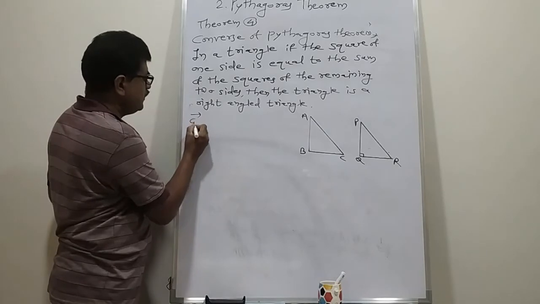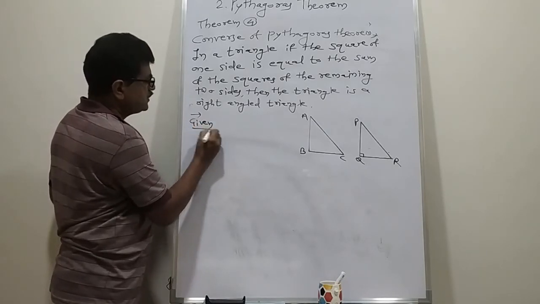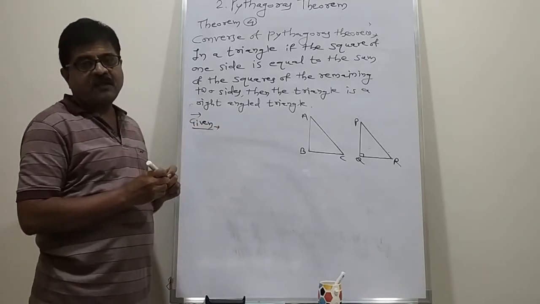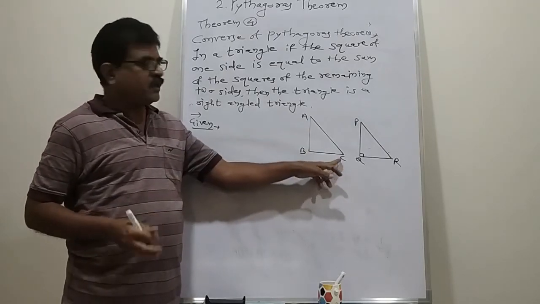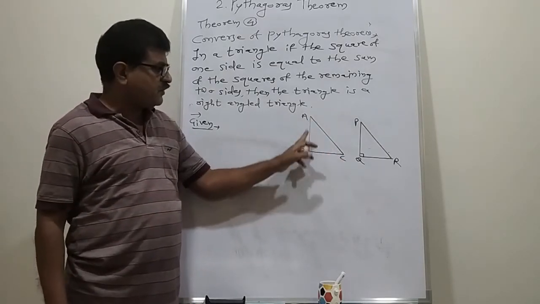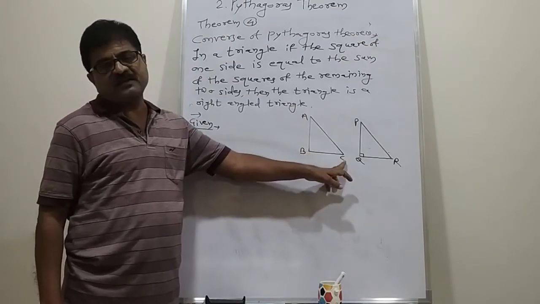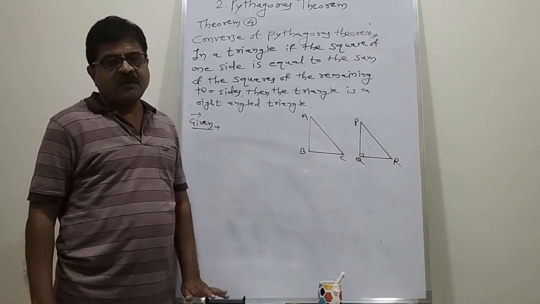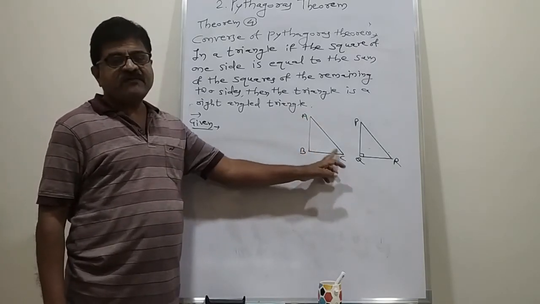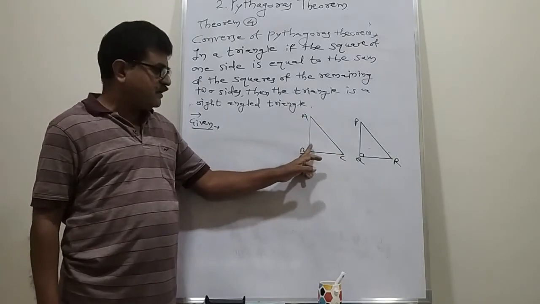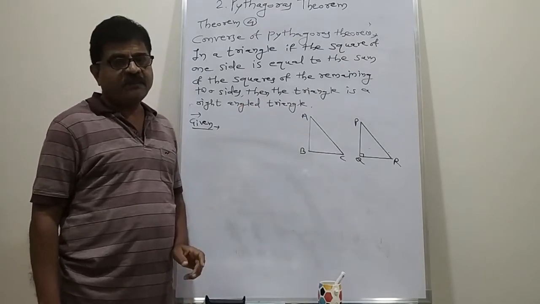Now here, given: from the figure, in triangle ABC, AC square is equal to AB square plus BC square. We have to prove angle ABC is equal to 90 degrees.